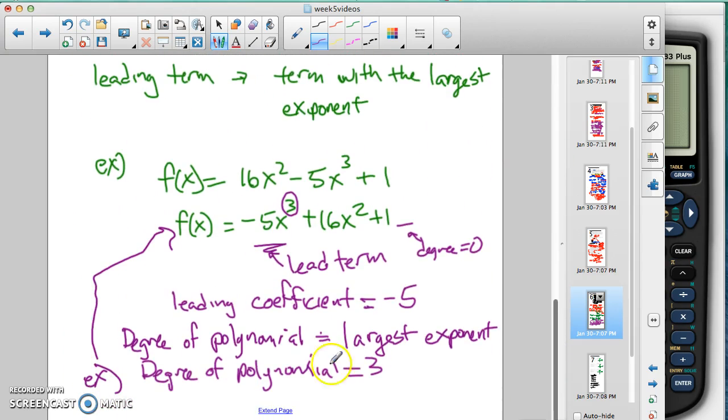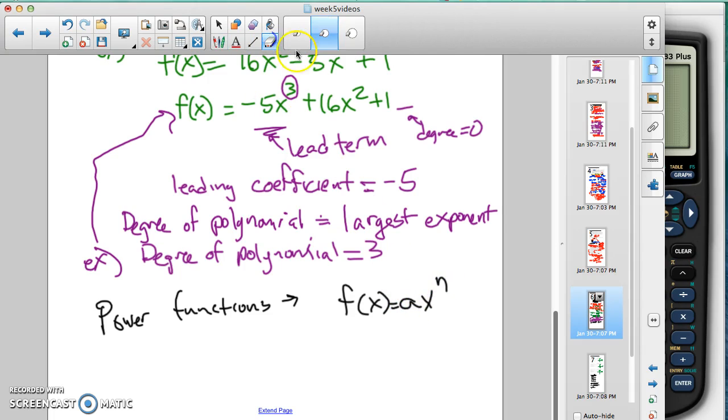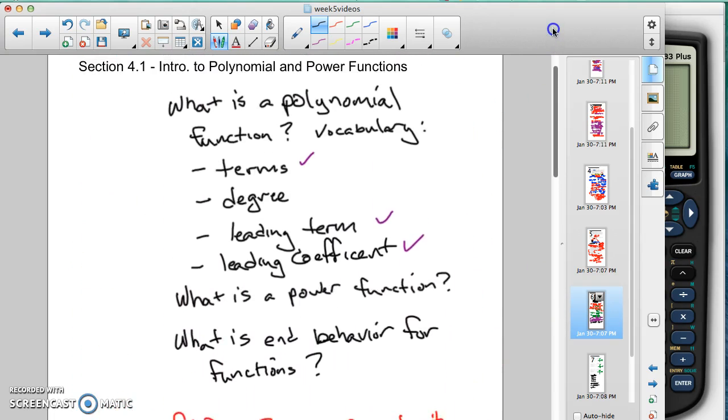Power functions are single-term monomial functions that have a power that equals an integer, the same as the polynomial function.